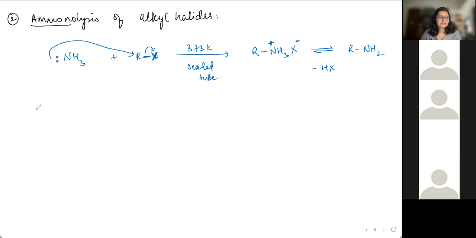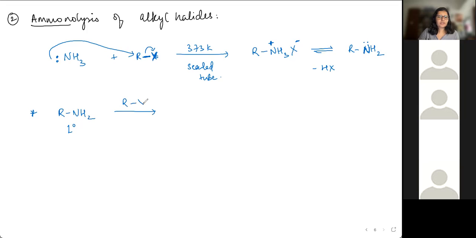Also, there's another special thing about it: if you don't monitor this particular reaction, as long as there is ammonia and as long as there is the alkyl halide, it's going to keep on attacking. The lone pair of electrons on amines is going to act as the nucleophile, just as ammonia has, and this is going to keep continuing till all of the hydrogens are substituted. So you have a primary amine that's formed, RNH2.